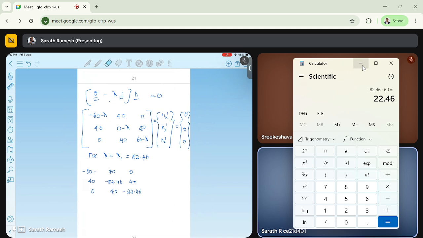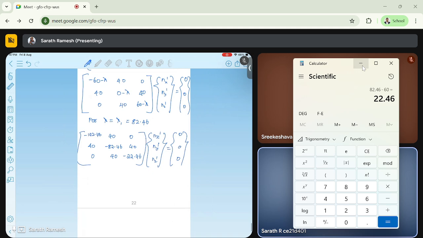Here it will become minus 142.46, times nx1, ny1, nz1 is equal to 0, 0, 0.